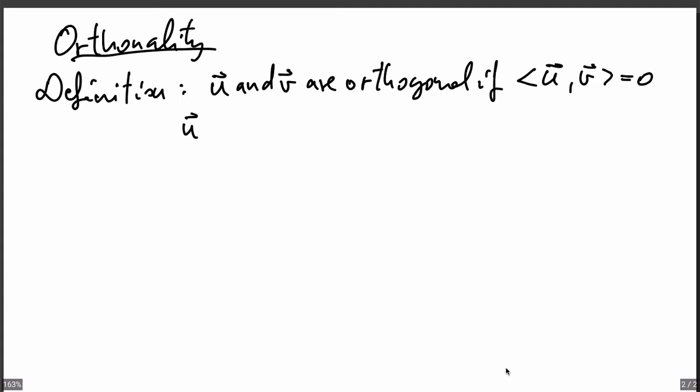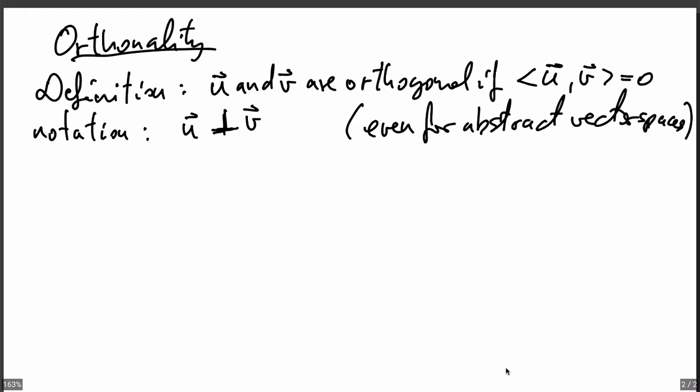And we use the same notation from geometry for orthogonality, even for abstract vector spaces. Although it's a question, what does it mean to have orthogonality of functions? How can you have two functions orthogonal to each other? We will look at that problem in a minute.